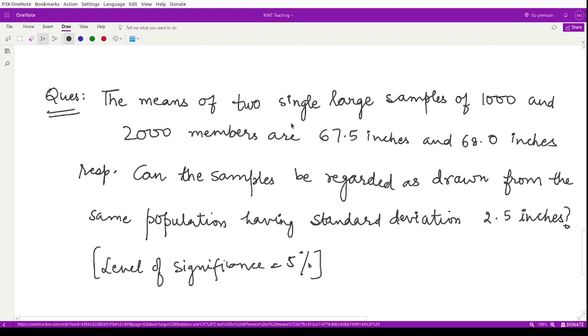They have given you two samples, one of 1000 sample size and one of 2000 sample size, with the means as 67.5 inches and 68 inches. So they are saying we wanted to test whether the samples are from the same population.